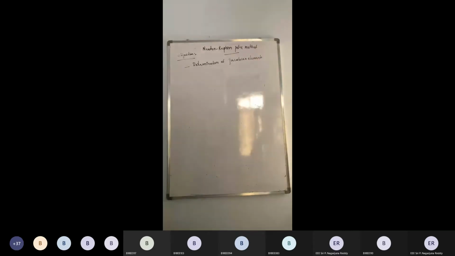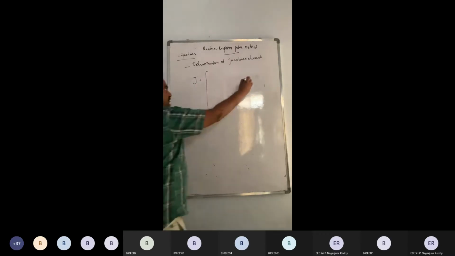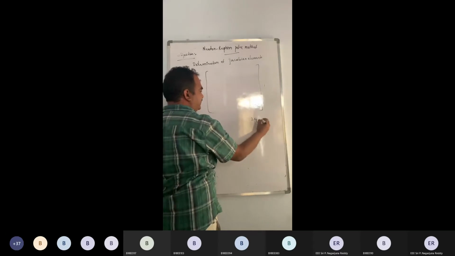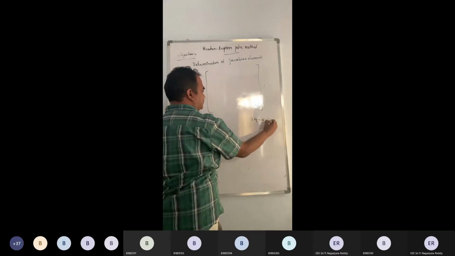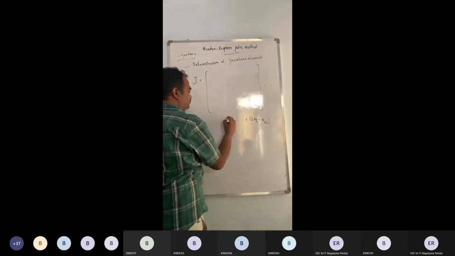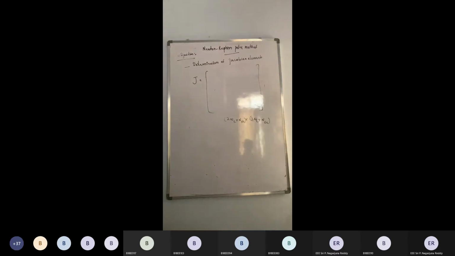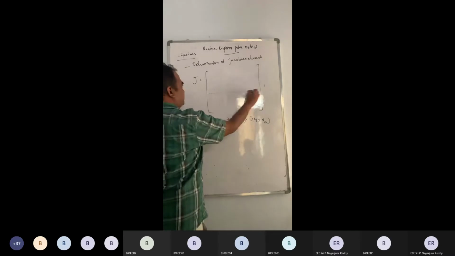So what are the elements of Jacobian matrix? Those are called as Jacobian elements. In Jacobian matrix, which is of the order of 2NL plus NEG, this is the order of Jacobian matrix, and it has 4 subparts.